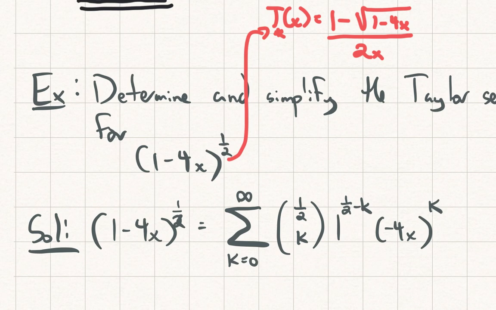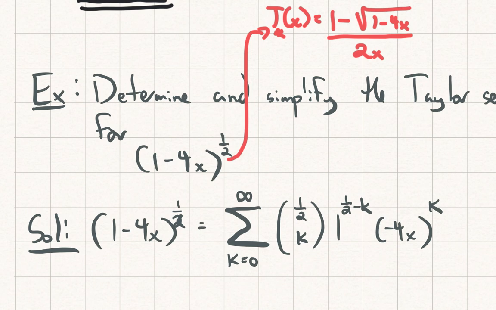So in order to simplify this, we're going to use the generalized binomial theorem here to simplify this guy, and then plug that simplification in to the rest of it to simplify the entire generating function. So that's going to be our plan.